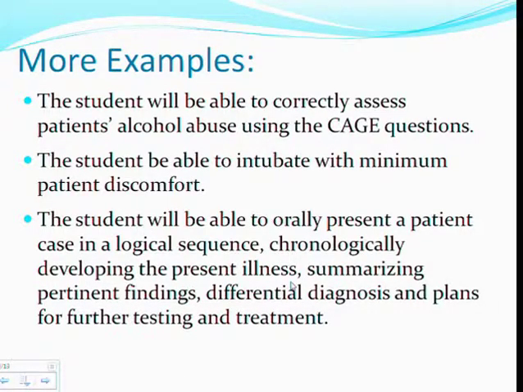The third one, the student will be able to orally present a patient case in a logical sequence, chronologically developing the present illness, summarizing pertinent findings, differential diagnosis, and plans for further testing and treatment. This particular objective covers a wide array of skill areas, but some include cognitive, communication, documentation, and professionalism.